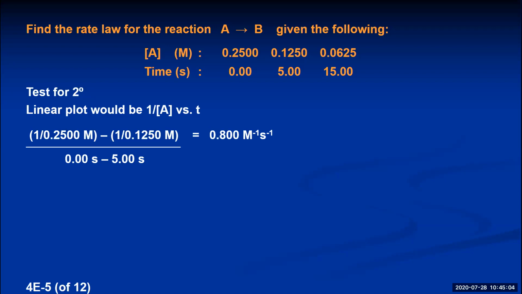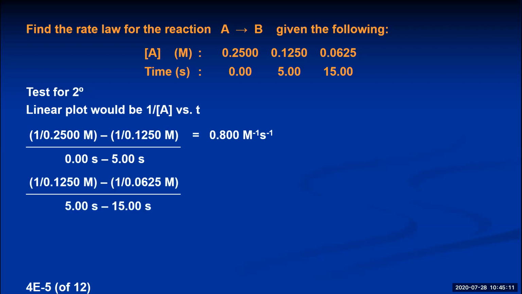If I take my second 2 points, and I subtract the reciprocal of the molarities and divide it by the difference of the 2 times, it's 1 over 0.1250 molar minus 1 over 0.0625 molar divided by 5 minus 15. My units again come out molarity to the minus 1 seconds to the minus 1, and numerically it comes out 0.800. Now, these are exactly the same.